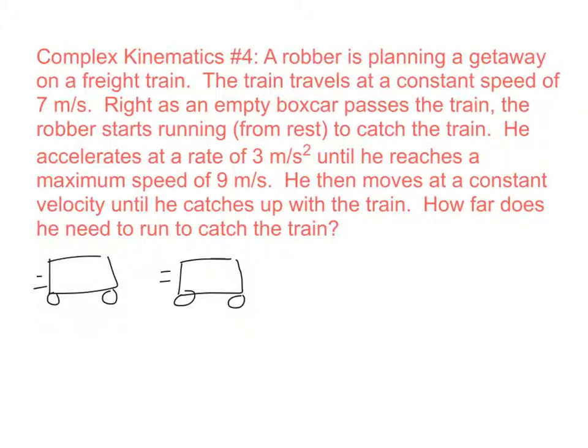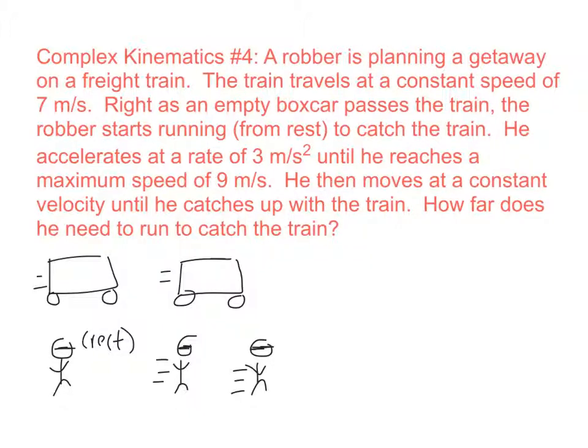And then here's the robber. Make him look like a little bandit. Starting from rest, accelerating to whatever his speed is, I think 9 meters per second, and then maintaining that constant speed until he catches the train.